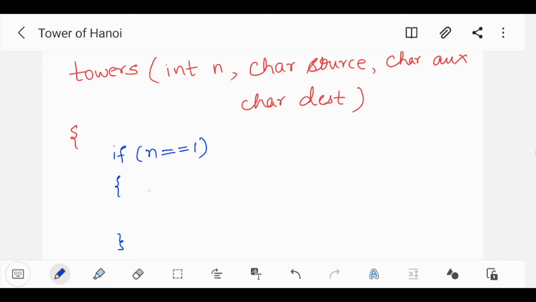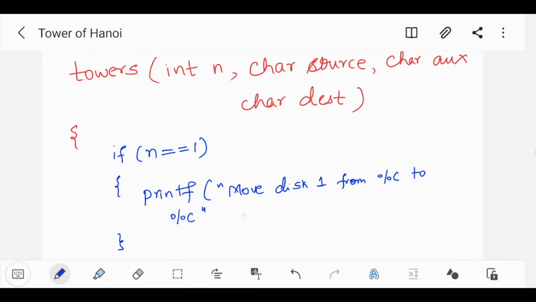So let's complete this base case. So if n is equal to 1, I understand there's only one disk, and place that disk from the source, put it or dump it into the destination. So I'll say printf move disk 1 from source to destination.